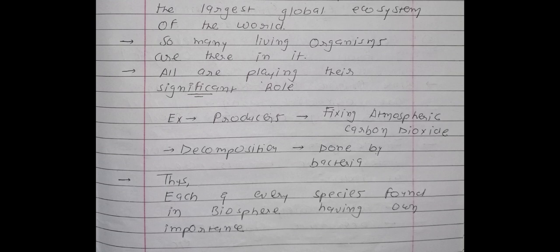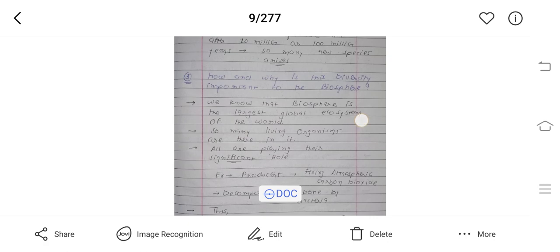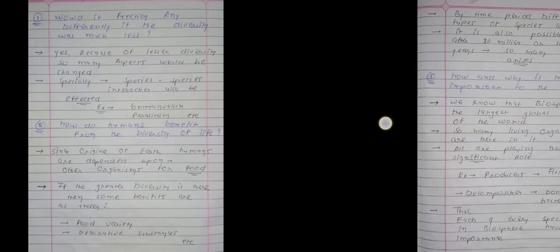Bacteria are decomposers, and the whole process of decomposition is done by bacteria. So bacteria also have a significant role, and thus each and every species, each and every living organism found in the biosphere, has importance. So the answer to question number 3 will be like this.